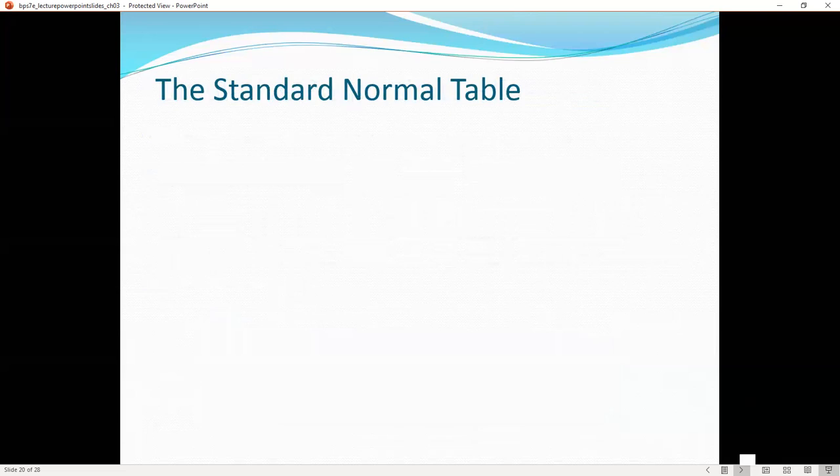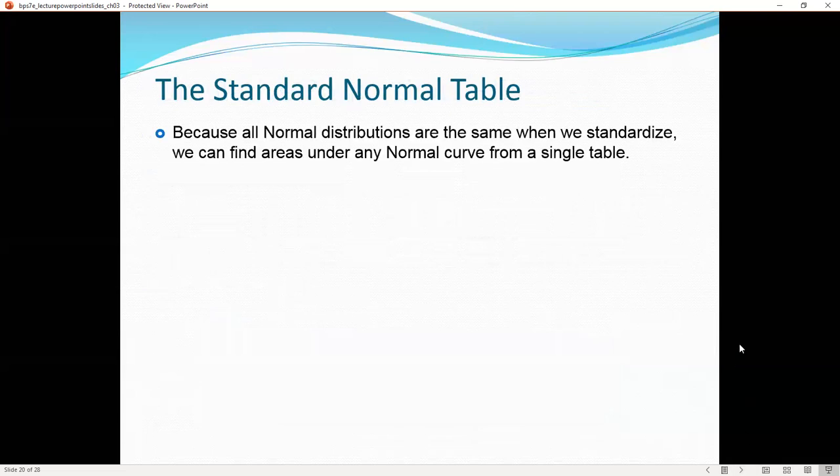The standard normal table. Because all normal distributions are the same when we standardize, we can find areas under any normal curve from a single table.